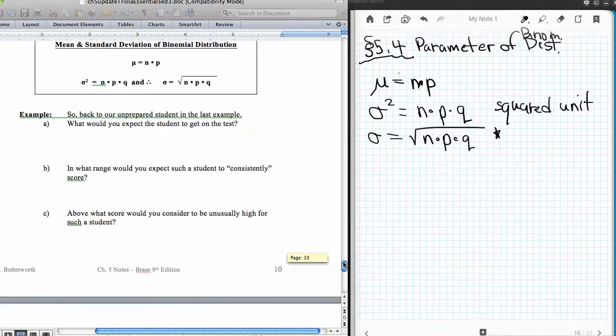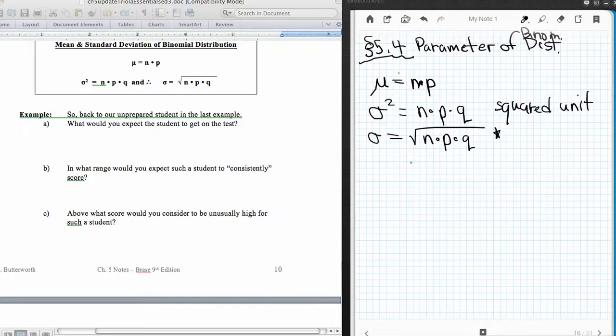All right, so now going to this next example, it says, back in our underprepared student in the last example, what would you expect the student to get on the test? So this question is expected value, and expected value, right, is nothing more than the mean. So the expected value of x is nothing more than the mean, which is equal to n, which is 10 questions, times the probability of success, 1 out of 5.